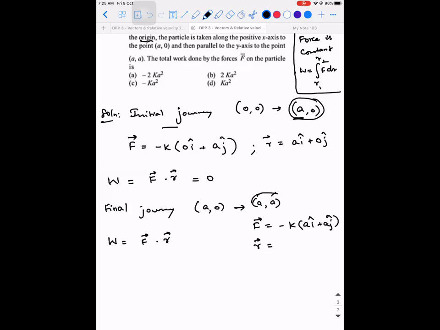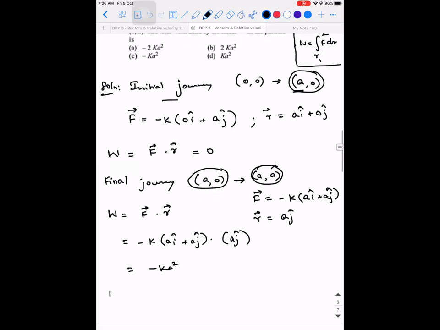R vector is final position vector minus initial position vector. That is going to be a j cap. So the answer will be minus k into (a i cap plus a j cap) dot a j cap. Tell me what is the answer? Minus k a square.